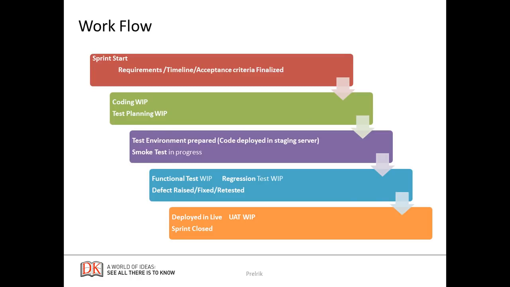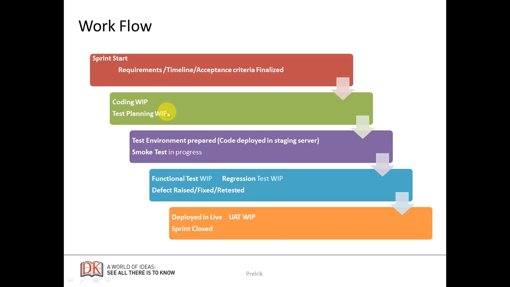Workflow, actually it's a workflow of Agile. I'll cover Agile in a separate video, so I'll just explain it quickly. At sprint start in Agile, the team fixes a sprint for 1 week, 2 weeks, 3 weeks, or 4 weeks, and they fix the requirements, timeline, and acceptance criteria for that sprint.